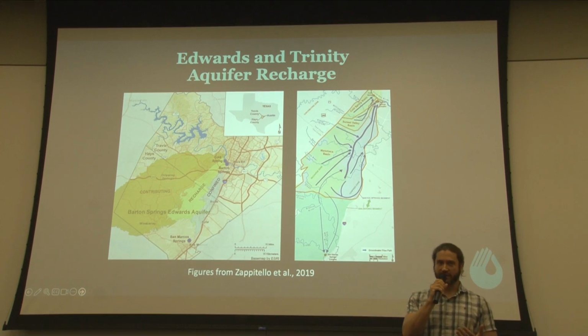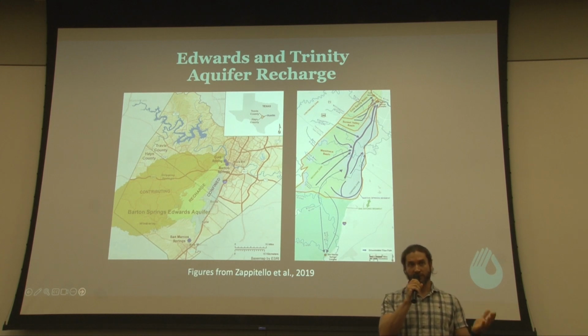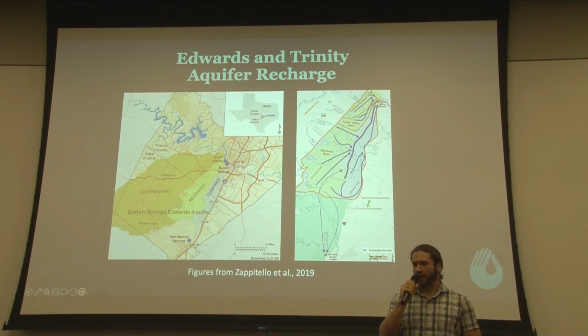So generally what we see with these aquifers is that when we're in a wet climatic cycle, the aquifer responds quickly and groundwater levels and spring flows go up in response to that rainfall and flow.